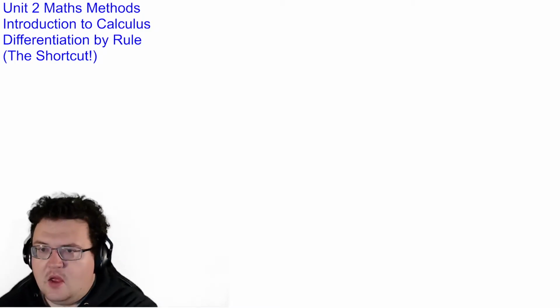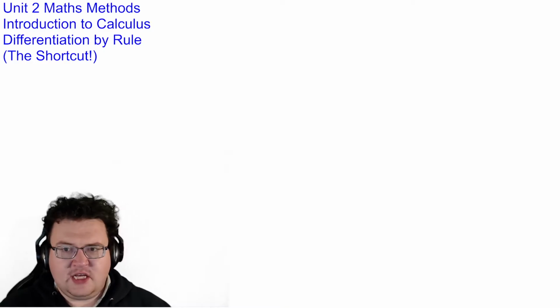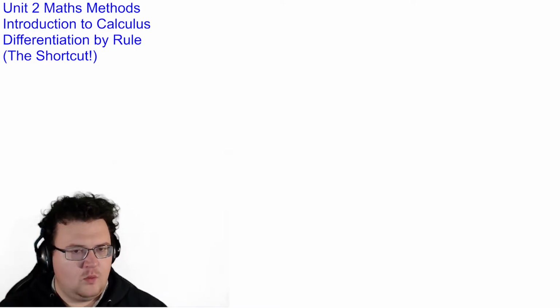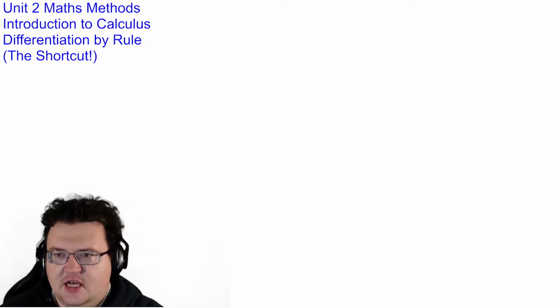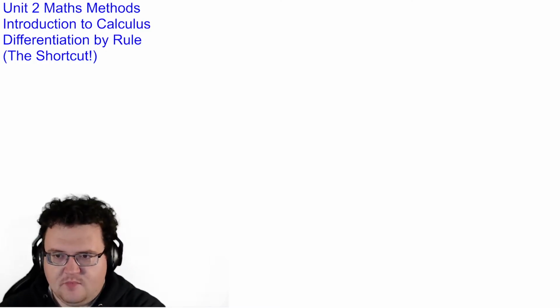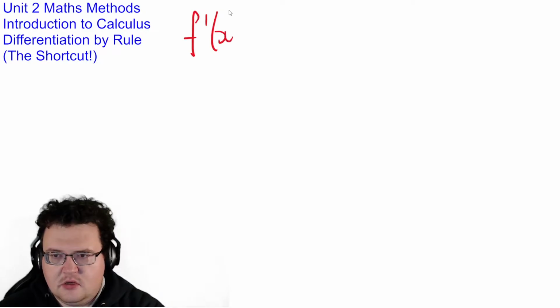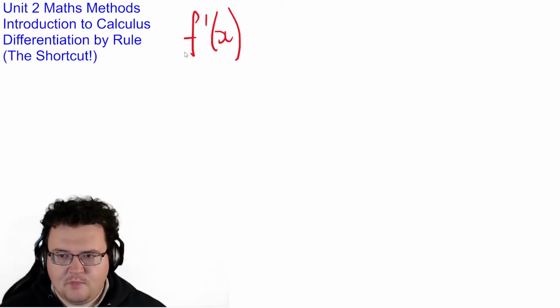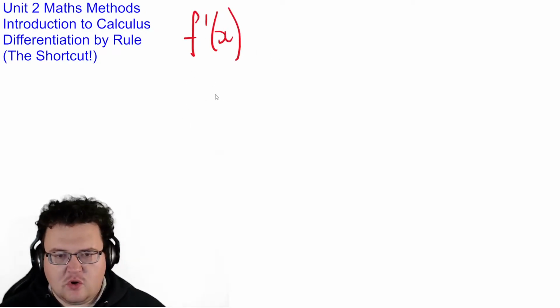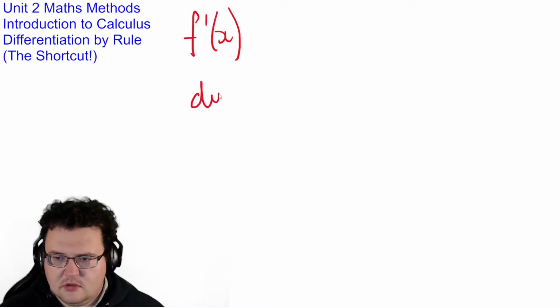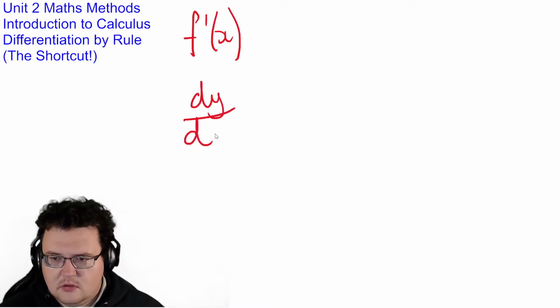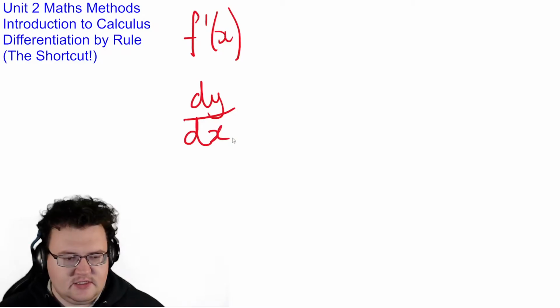So now there are two ways to express the derivative. There's the function notation way, which is f dash x. But then there's also this other thing called dy dx.